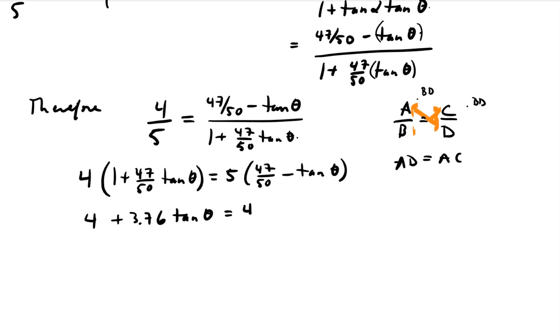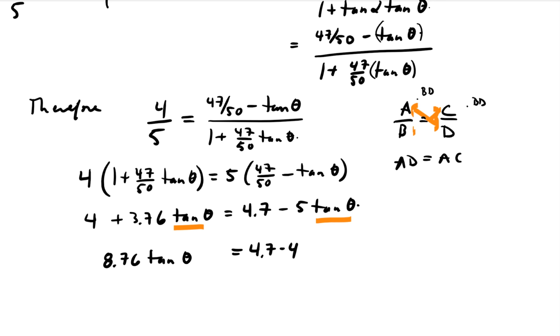This is going to give me 4.7 here minus 5 tan theta. So my unknown is here and here, so I'm going to regroup those two terms and regroup the other terms on the other side. This is going to give me 8.76 tangent, essentially adding 3.76 with 5. And tangent of theta will be 0.7 over 8.76.